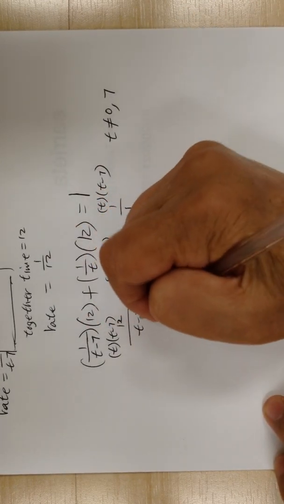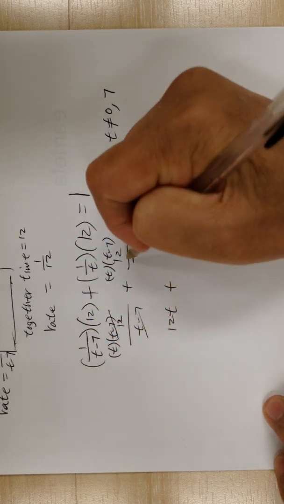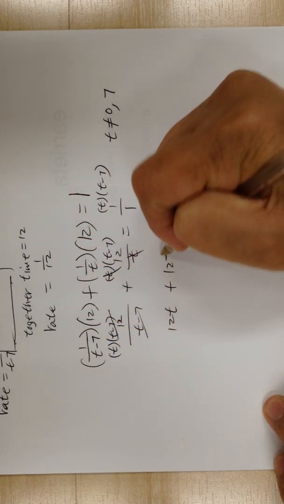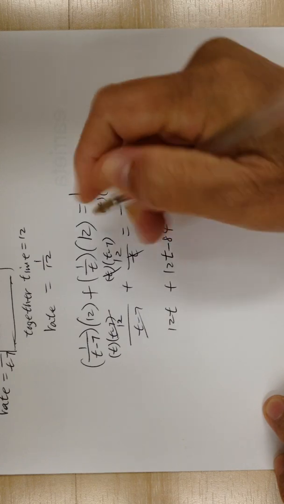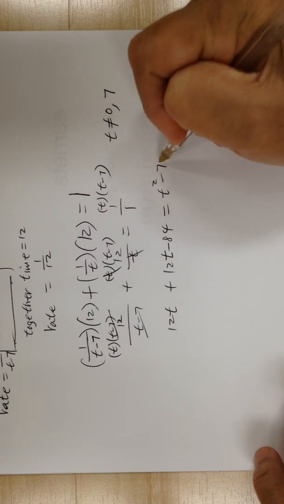Okay, so let's go ahead and simplify our equation. So this will cancel out, so I get 12t. This will cancel out, so I get 12t minus 84. You have to distribute. Equal, this will be t squared minus 7t.